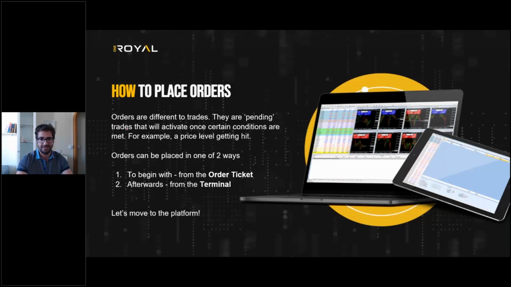Those are orders executed instantly, based on the current price. Pending orders are pending trades that will activate once certain conditions are met. Let me give you an example here.